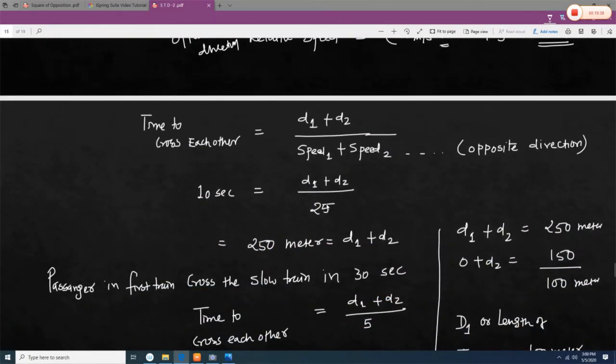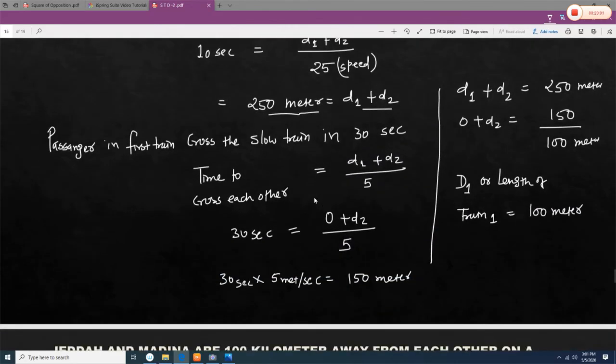Now, the time to cross each other is the distance travelled by both the trains divided by the relative speed. Here the time is given, distance is not given, but the relative speed we have found out. So 250 is equal to distance 1 plus distance 2. Now a passenger in the first train crosses the slow train in 30 seconds. So here 30 seconds is given.